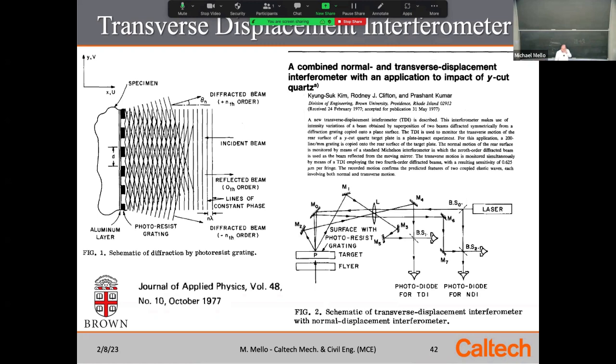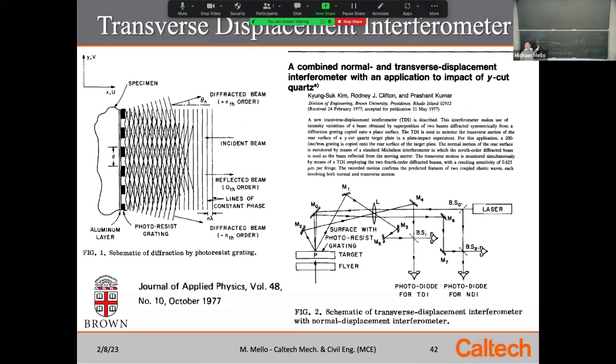So what they realized was, oh, interesting, if you could print a diffraction grating on the back of your target, diffraction gratings have this magical property that if you send in a laser beam normally to them, depending on the periodicity of this grating, D, let's call it, this diffraction grating sends out these incredibly brilliant specular beams along these directions, which are labeled as orders, okay?